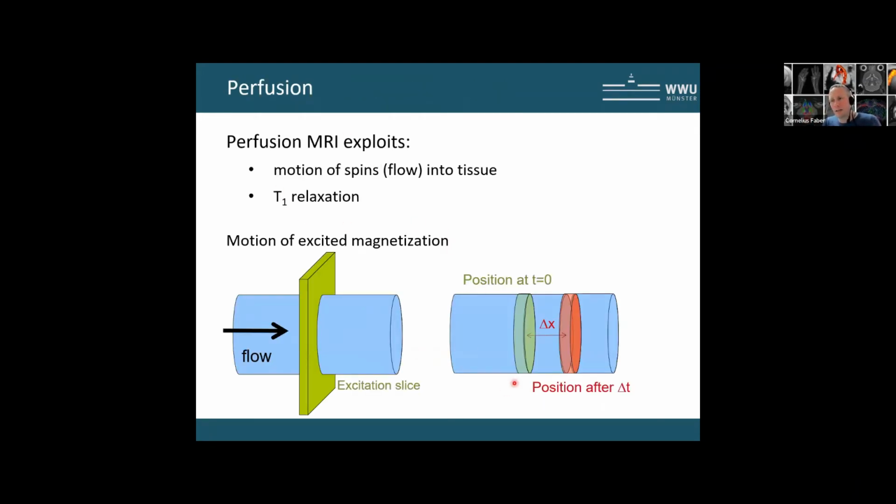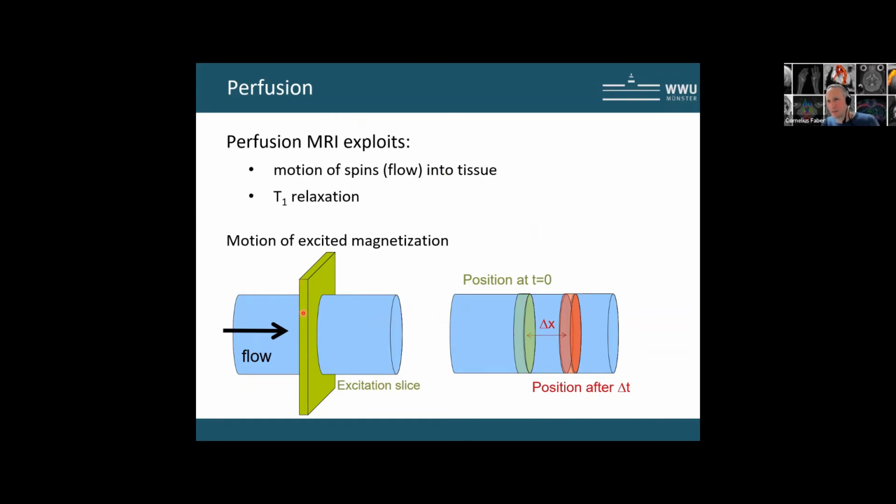So when we talk about blood flow, we can look at it in a very schematic way. This blue tube here is supposed to be a blood vessel. And of course, if there's flow, then we have moving spins. And of course, this motion of spins will influence our MR signal.